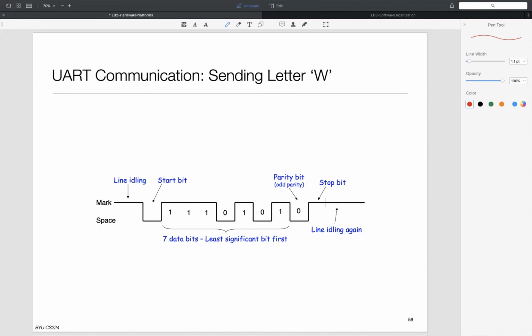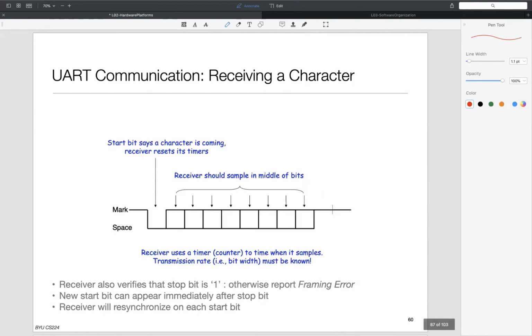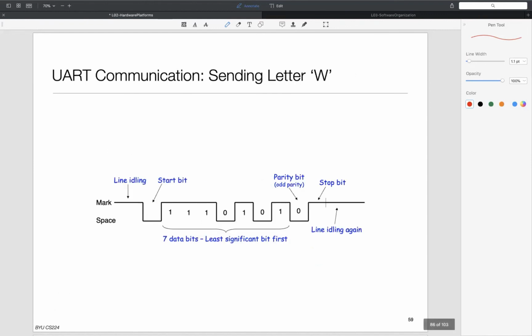So the start bit is used both to indicate the start and to learn the precise time period, and then you sample at the middle of the bit and get the bits out, and the parity bit provides you error checking. So very simple to do. You send one character at a time. As you can see, there's a fair bit of overhead to send 7 or 8 bits of a character. You need to send a start bit, you need to send a parity bit, and you may have some idle time in between.